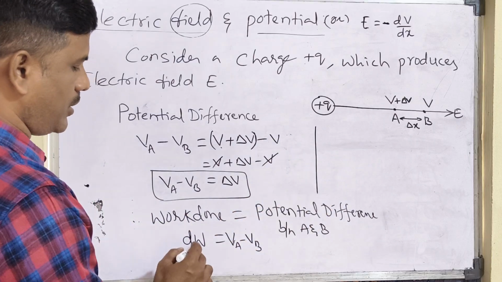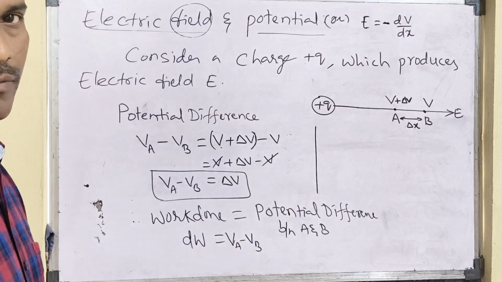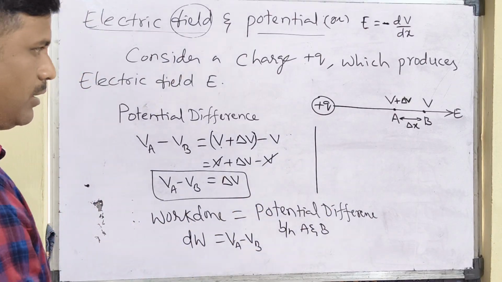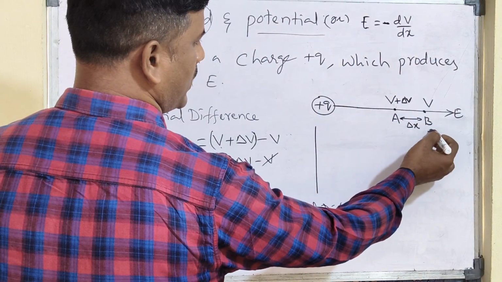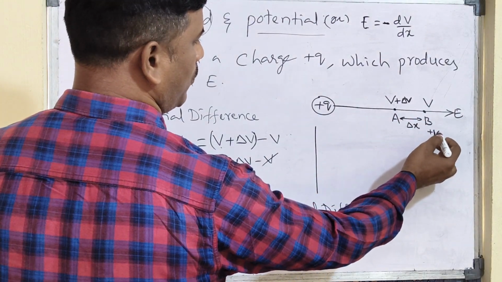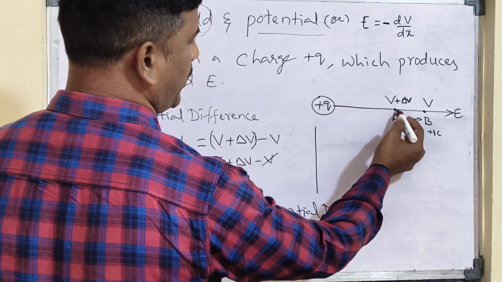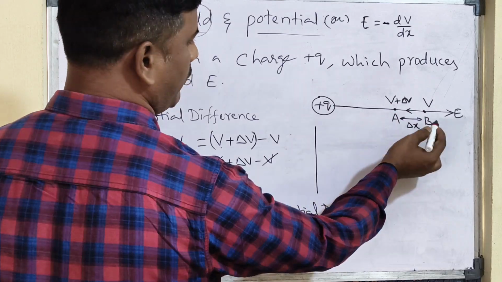Continuation. dW means what? The general formula is force into displacement. What force here? One unit positive test charge, plus 1 coulomb of charge, is being brought from point B to point A, against the electric field.